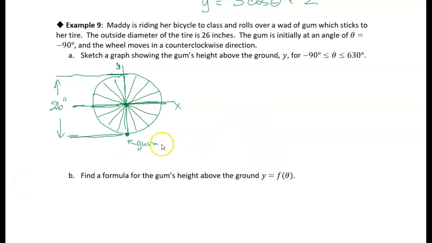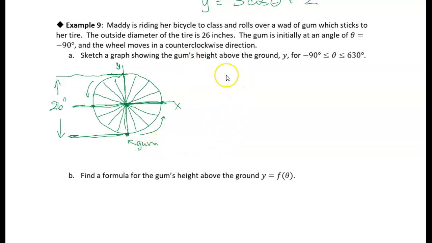Well, you can see the gum is never going to go negative. She's rolling this direction, and the gum is going to come up to 0, then up to 90, and then 180, and then be back down at the ground again. But we're starting at negative 90.